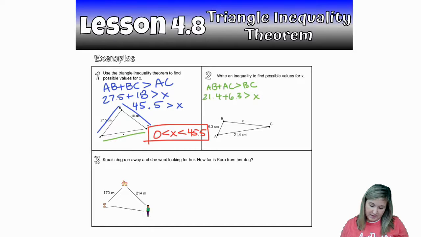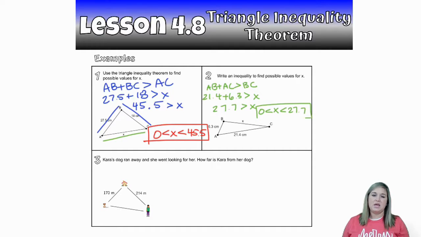So we would have 27.7 has to be greater than x, or x has to be less than 27.7. And we also talked about that the bottom side of that has to be 0. So here's our inequality for the possible values of x.